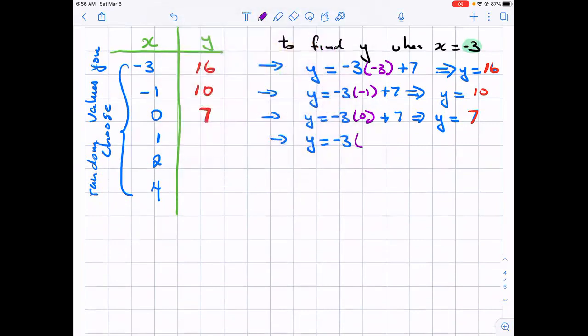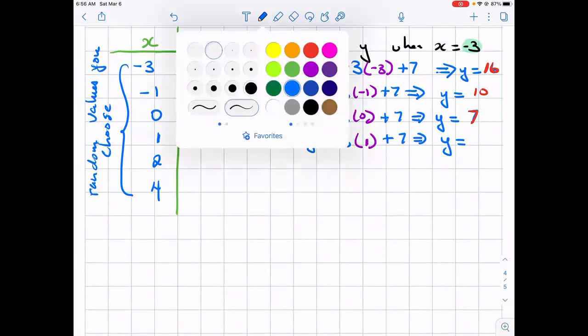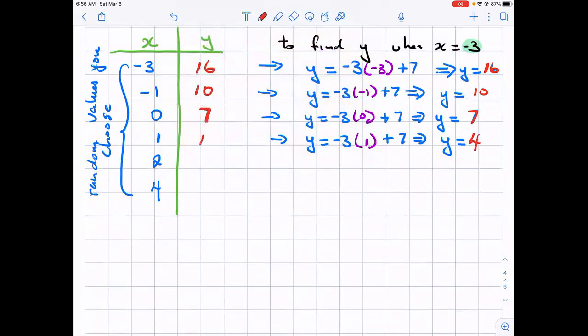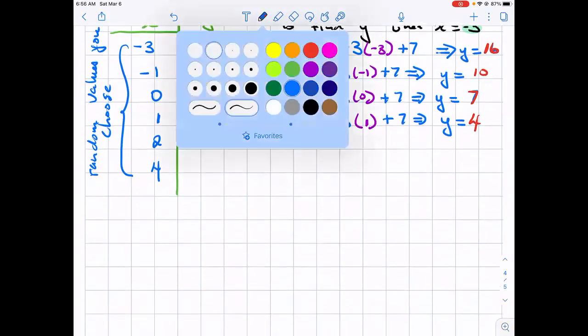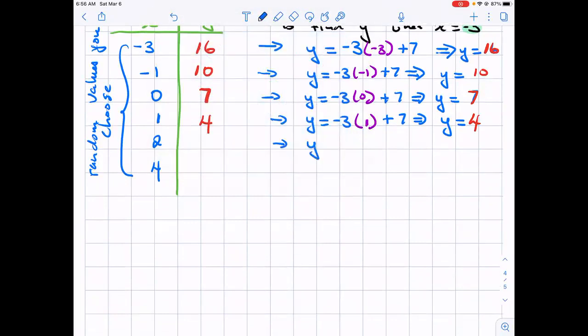Now I'm going to replace x with 1. So this becomes y is equal to -3 plus 7, and that's 4. So here we have 4. Now we plug in 2.